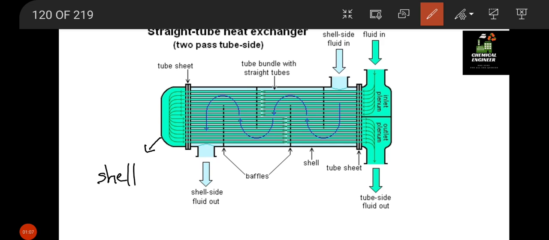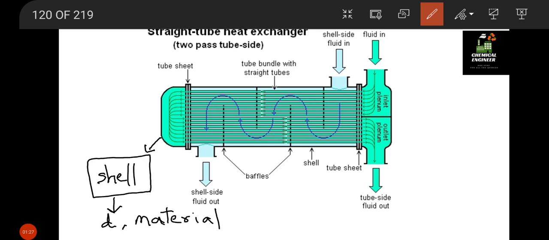Okay, so in designing of a shell, what are we going to design? The first thing is the diameter of the shell. Next, the material of the shell.